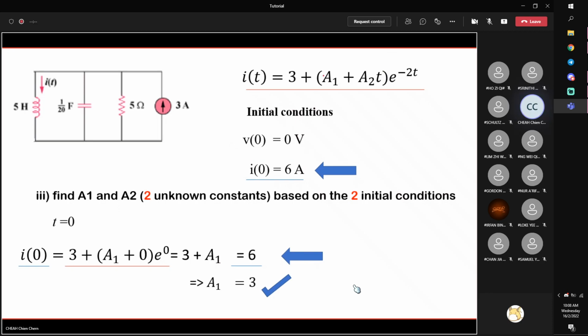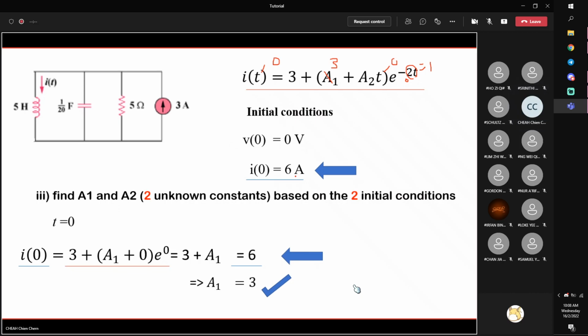Now actually, it simply means this. If you put 3 here, at t equal to 0, this term disappears. E to the power of 0 is 1. Then my current I at t equal to 0 must be equal to 3 plus 3, which is equal to 6.